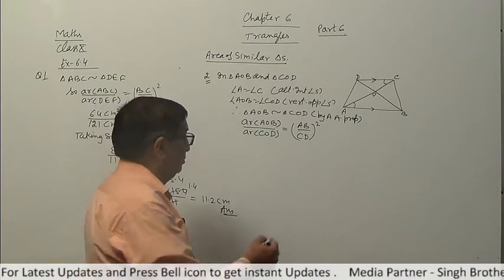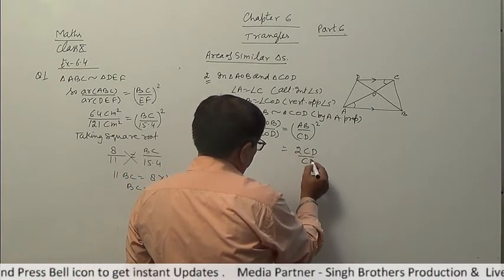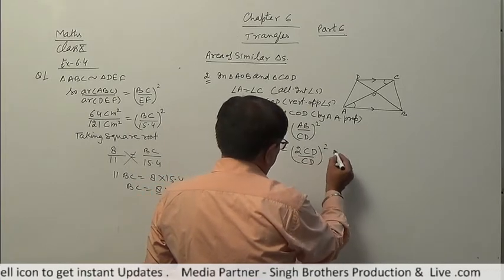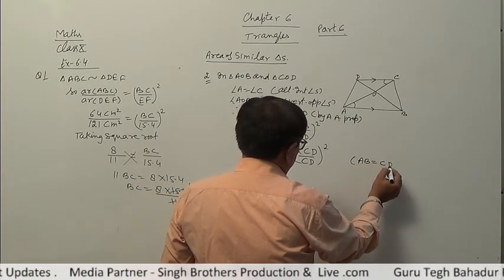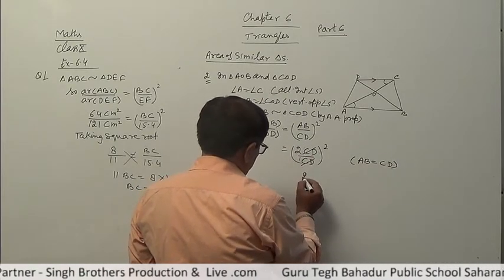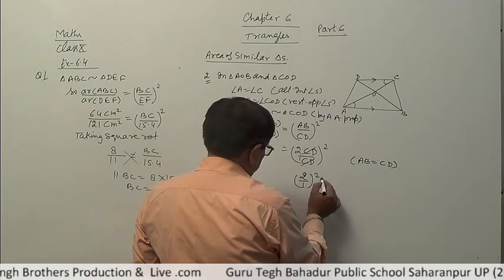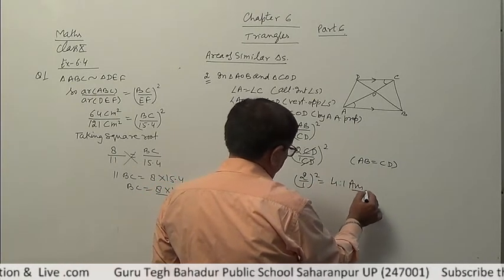AB is equal to 2CD. 2CD upon CD whole square, because it is given AB is equal to 2CD. This CD cancels. So 2 upon 1 square, that is 4:1.